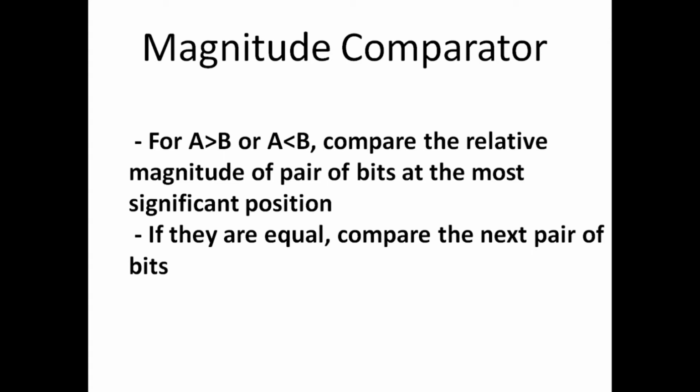So we begin with the pair at the most significant position and compare them. And if they are equal, then we have to compare the next pair of bits on the right side. But we have to begin with the pair at the most significant position. We have to compare them.